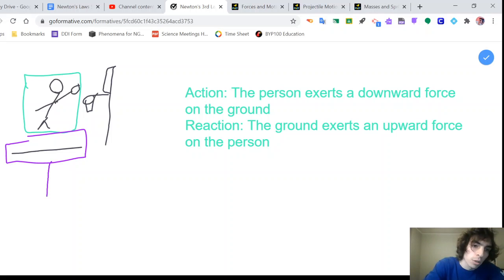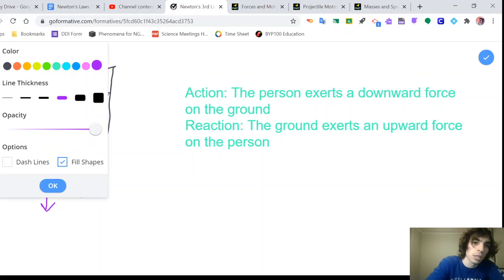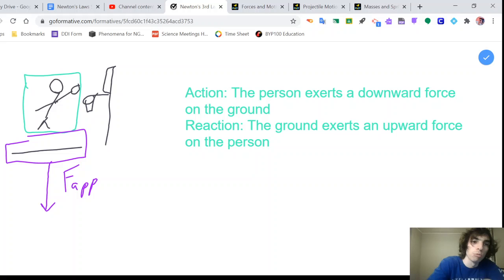So the ground has this downwards force applied to it, and I'll label it this time, although sometimes it does get tricky knowing how to label the types of forces here. And then the person, in return, receives this upwards force. So even though the person exerts a downwards force, we do not draw that downwards force on the person, because we draw the forces that this person receives.